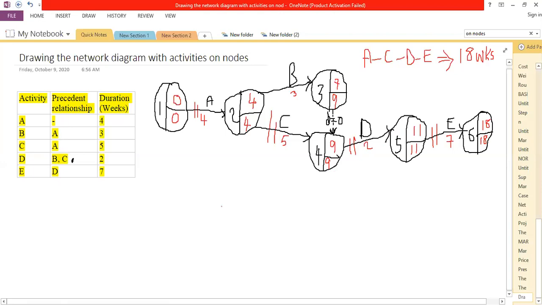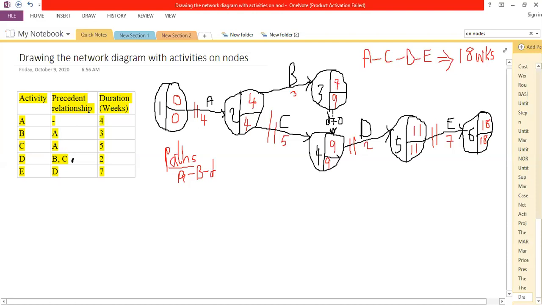The other method you could have used is to identify all the paths in your project, and of course you pick the one that will emerge to have the highest amount of time. So in this case, we have got how many paths? We have path A, and when you're evaluating the paths, it's important you start from top to bottom or bottom to top, so that you don't miss any.